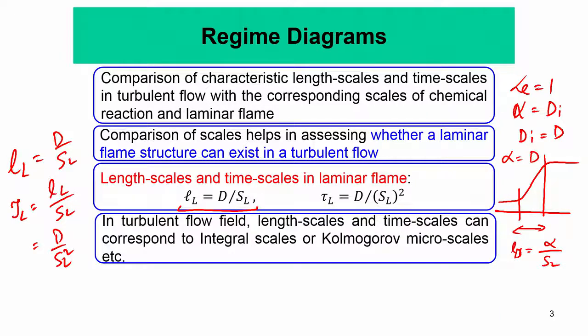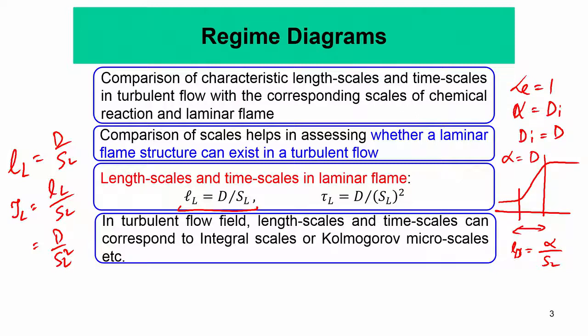Now, in a turbulent flow field, there can be other length scales also, but essentially you have two bordering length and time scales. One is at the beginning of the inertial range, the integral length scale, and right at the end of the inertial range, in the dissipative range, you have the Kolmogorov scales. So, both the length scales and the time scales can correspond to integral or Kolmogorov.